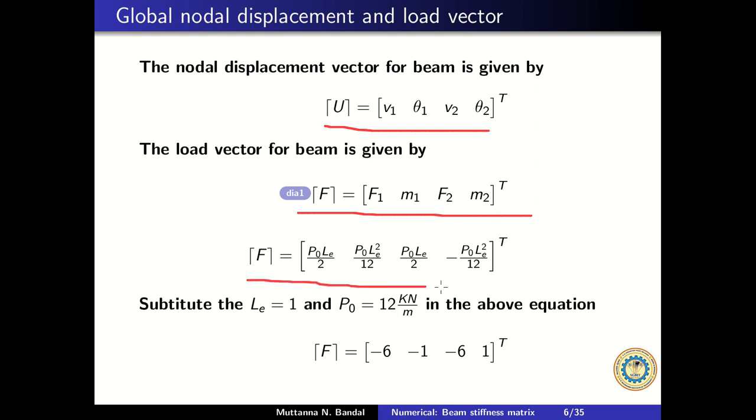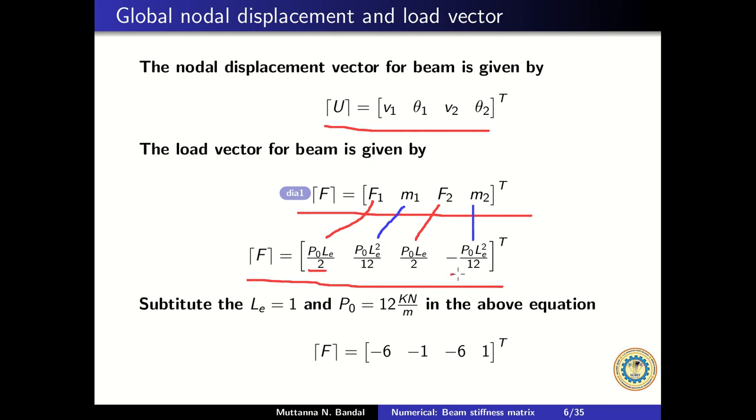And this load vector, as I discussed previously, has some empirical formulas, wherein F1 is given by P naught into L by 2. This is the shear force at node 1. And M1 is equal to P naught L square by 12. It is the moment at node 1. And this shear force is the load at node 2, and this moment is the moment at node 2.